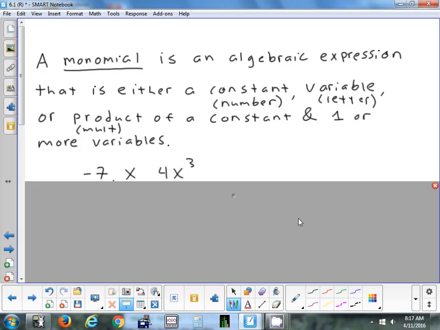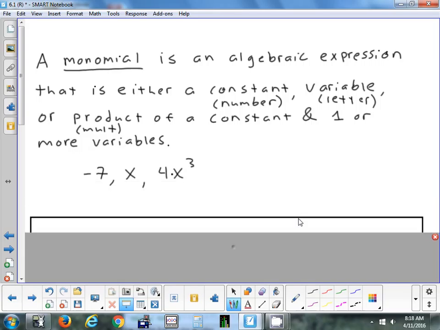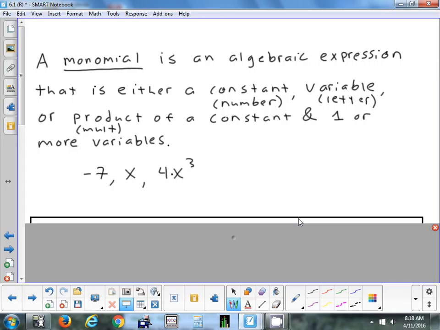Let's look at the next one. 4 times x cubed. What's 4? A number. What's x cubed? That's a variable. And we're multiplying the two together. It says a monomial can be the product of a number and a letter. So 4x cubed, that is a monomial. Those are all examples of monomials.